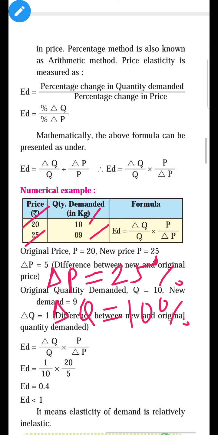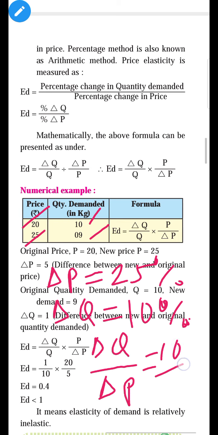Then apply the formula. What is the formula? Formula is delta Q upon delta P. This is percentage, how much the quantity changes? Quantity changes by 10%. How much the price changes? Price changes by 25%.